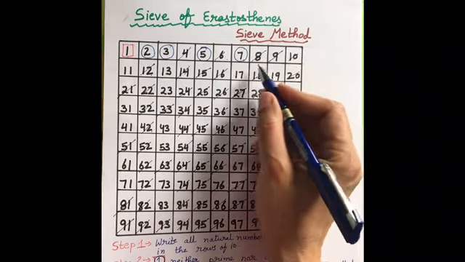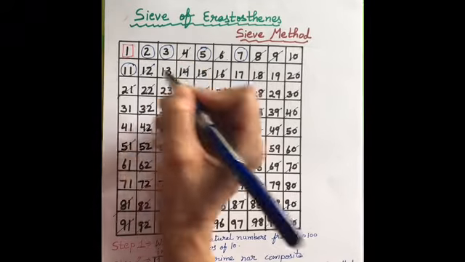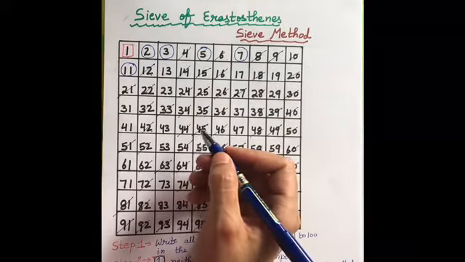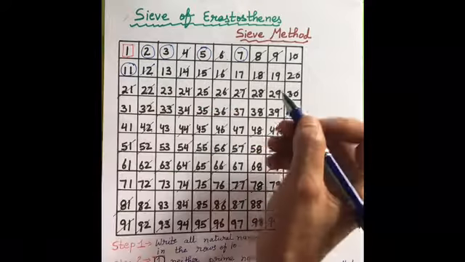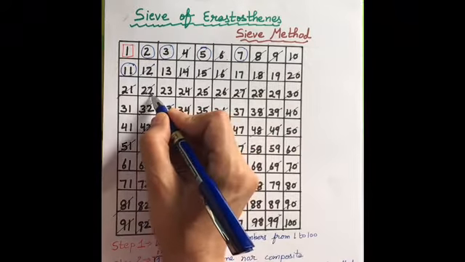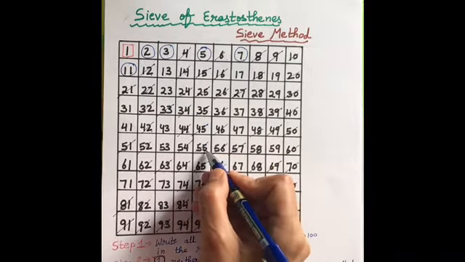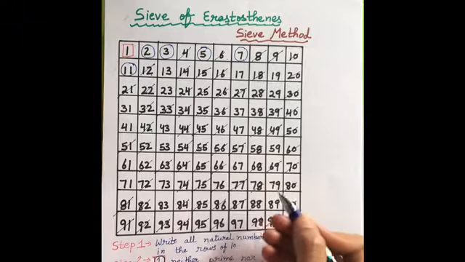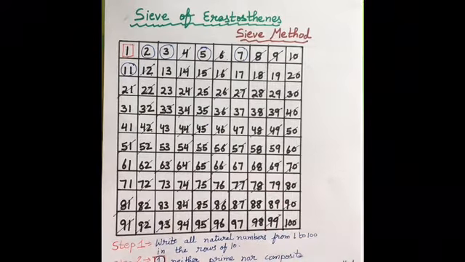Then after 7 we have 11, and all the multiples of 11 should be crossed out. So 11 ones are 11, 11 twos are 22, then 33, 44, 55, 66, 77, 88 and 99. They are done.